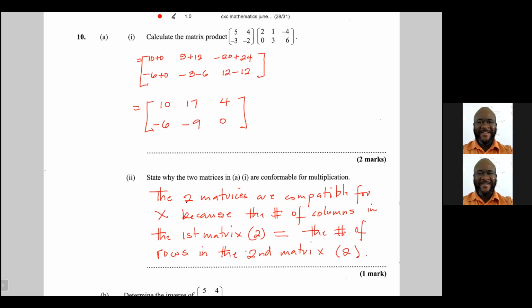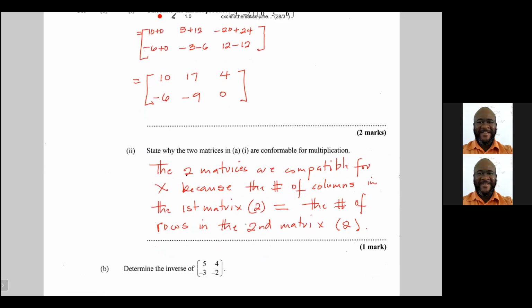So two matrices are compatible for multiplication when the number of columns in the first matrix is equal to the number of rows in the second matrix.